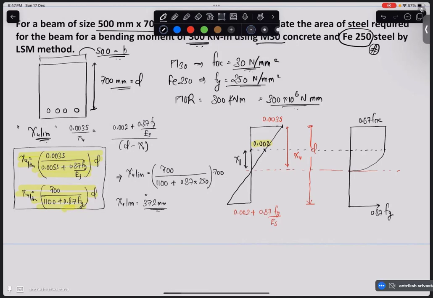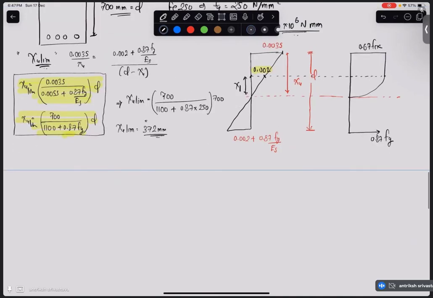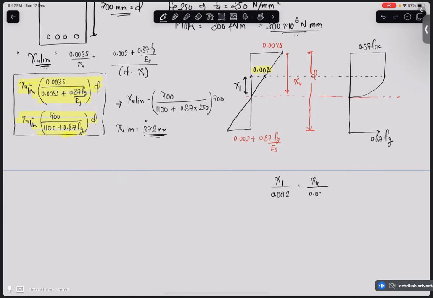Now when you know that the strain is going to be limited to 0.002, can we calculate this x1 in terms of xu? We can calculate it easily, right? I am going to write it and then I am going to erase it later. So from similarity, x1 by 0.002 is equal to xu by 0.0035.